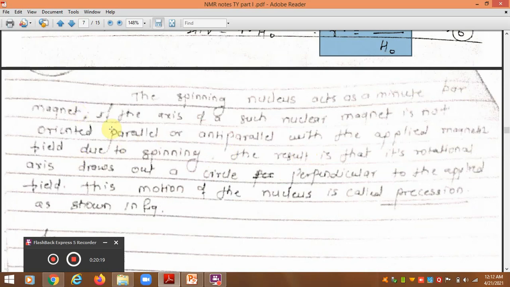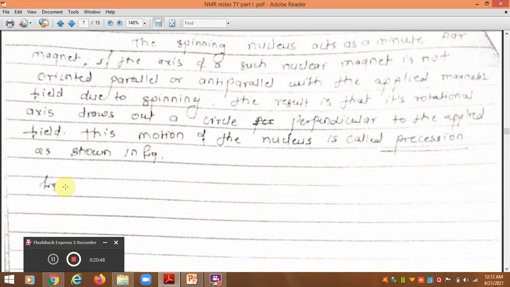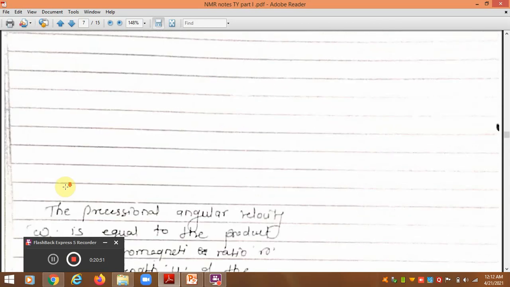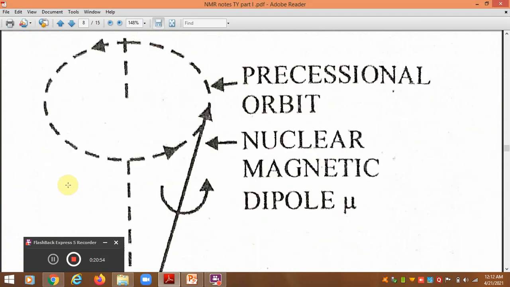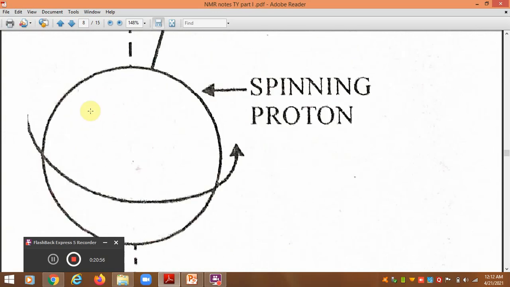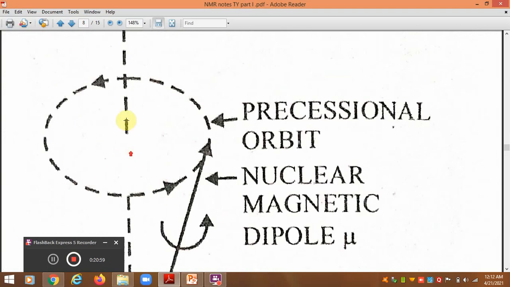If the axis of this spinning nucleus, such a spinning nuclear small bar magnet, is not exactly oriented parallel or anti-parallel with the applied magnetic field, then due to spinning, its rotational axis draws out a circle perpendicular to the applied magnetic field, and this motion of the nucleus is called precession. Here I can show you this. The expected axis of the spinning proton should be in the vertical direction, either parallel or anti-parallel with the applied magnetic field.